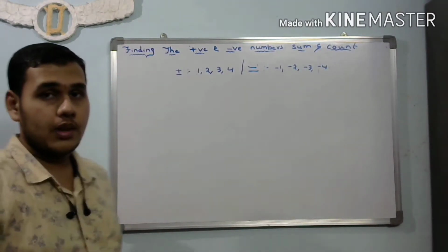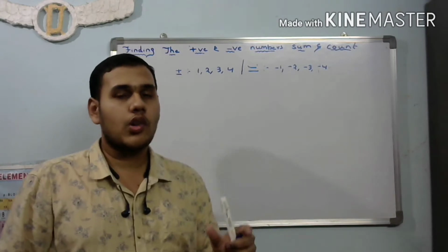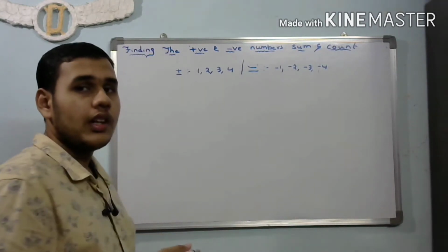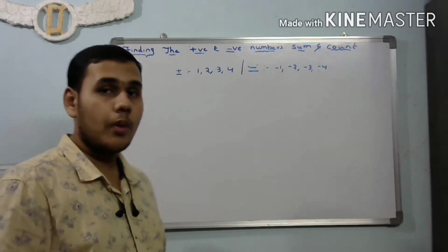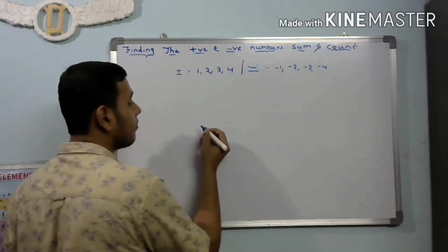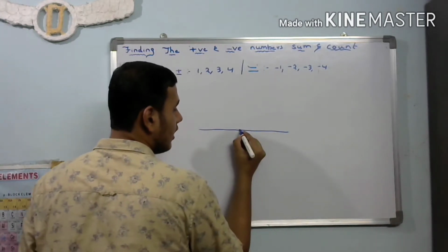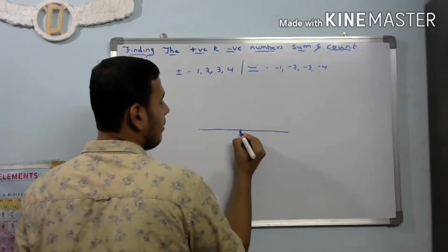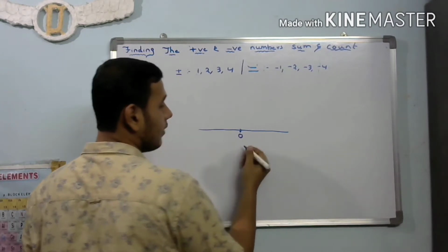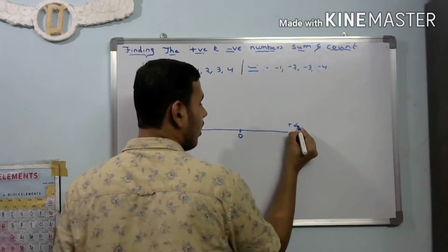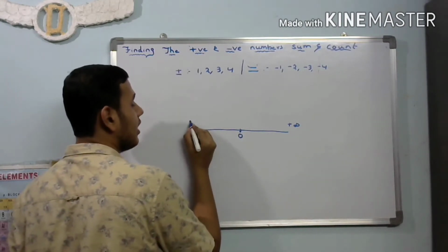Before going to these numbers, let us have a small concept of the number line. In our childhood we all learned about this number line system. Suppose the number line: the middle element will be 0, and this is the plus infinity sign, and then minus infinity on the left side.